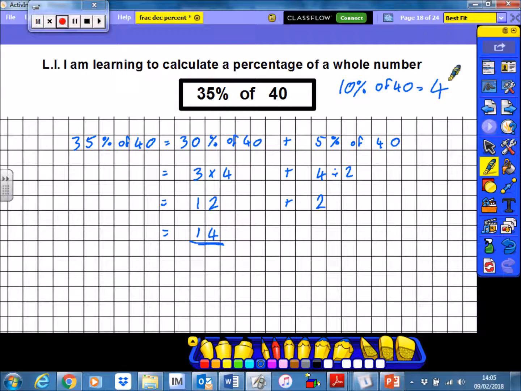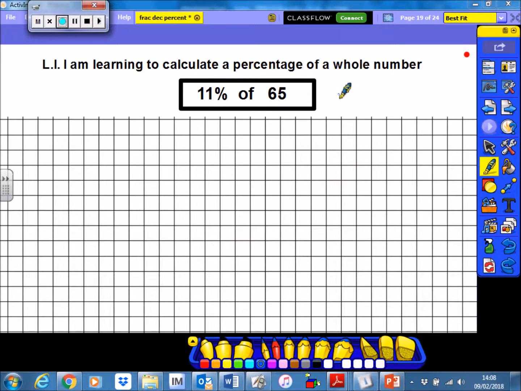And it really helps just to work out our gateway percentage first of all. What about 11% then? 11% of 65. Well, again, we're going to start off with our gateway percentage, 10% of 65. And 10% of 65 would be 6.5.